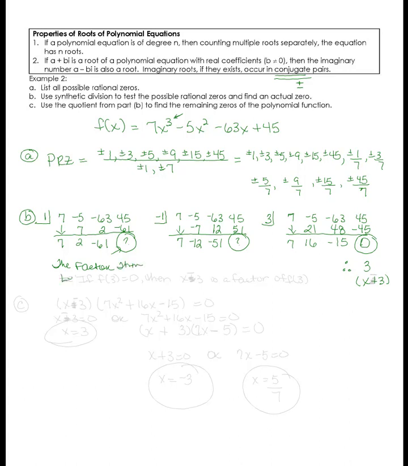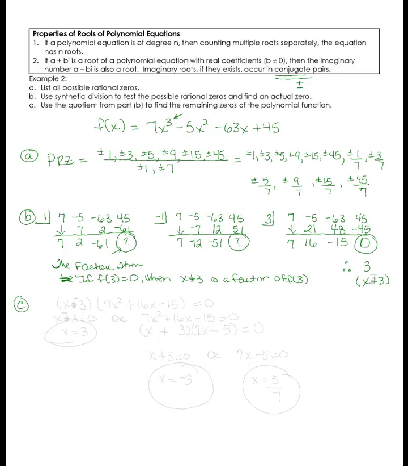If f of 3 is equal to 0, then x minus 3 is a factor of f. So we have one of the factors, x minus 3. Now we need to find the other factors.